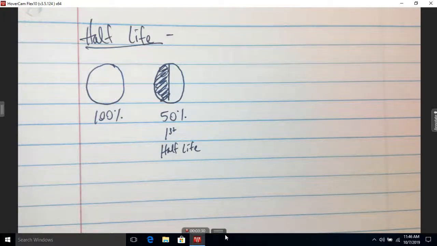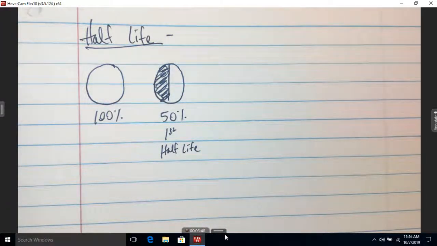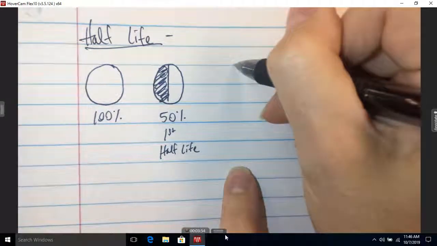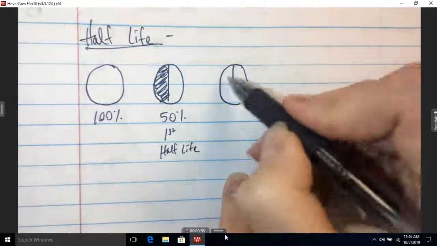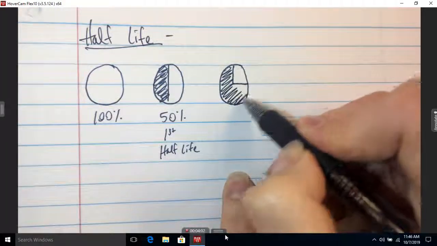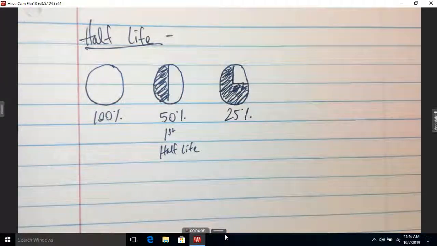Now, I just showed you from that other paper, everybody's half-life time depends on which element is in there. Okay? So, I'm doing this in general, like just what actually takes place. So what would happen after this? Half of this would decay and I would have 25% remaining. So if we take our circle, all of this has now decayed. And what do I have remaining? 25%. Which half-life is this?